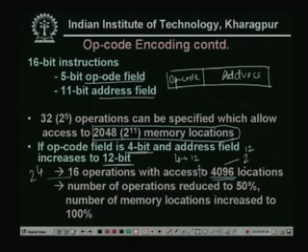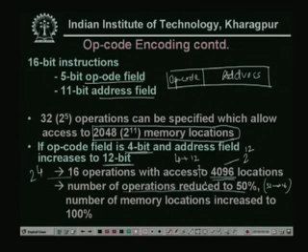So, there are 16 operations. The number of operations reduced from 32 to 16, which means a 50% reduction. Now, the number of memory locations: as the opcode field decreases, obviously the address field increases.